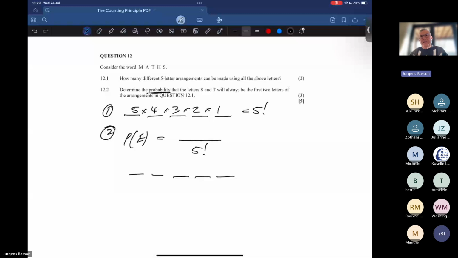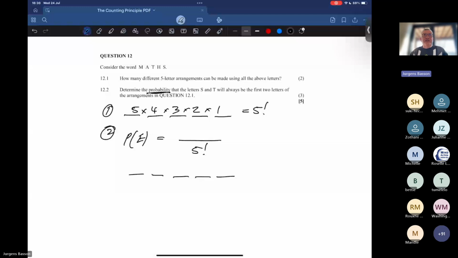And that is why I think it's worthwhile we talk about something like it. So they say S and T not only together, but S and T in the first 2 positions. So now on the first 2, I will have 2 and 1, and that is then 2 factorial.